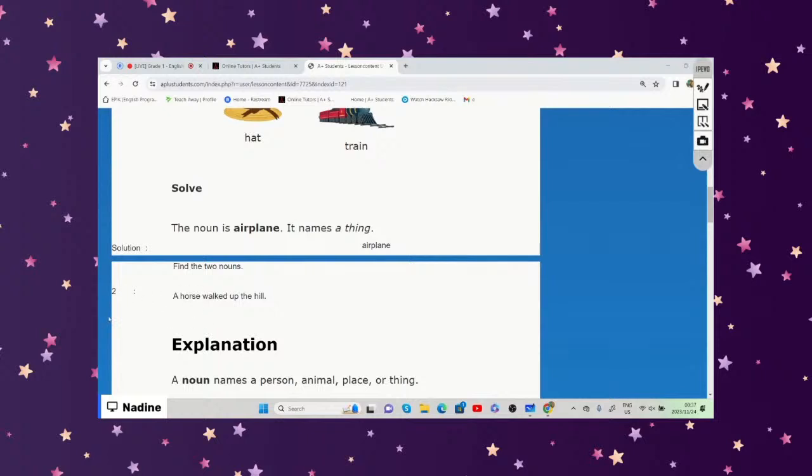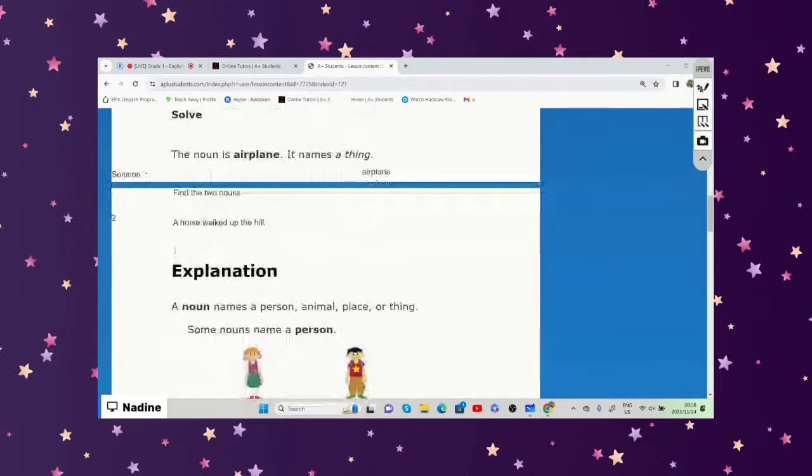What are the two nouns that we can identify within the sentence? Remember, we need to find two.